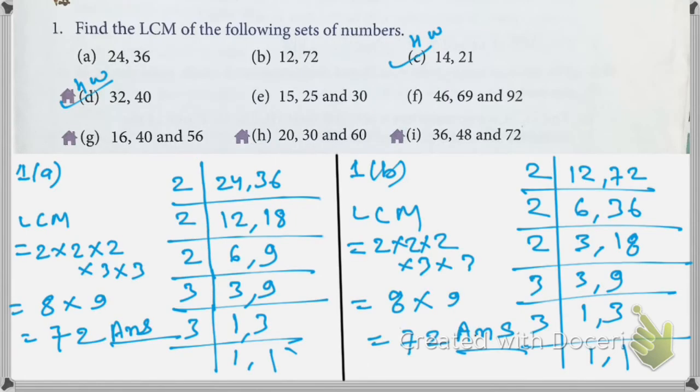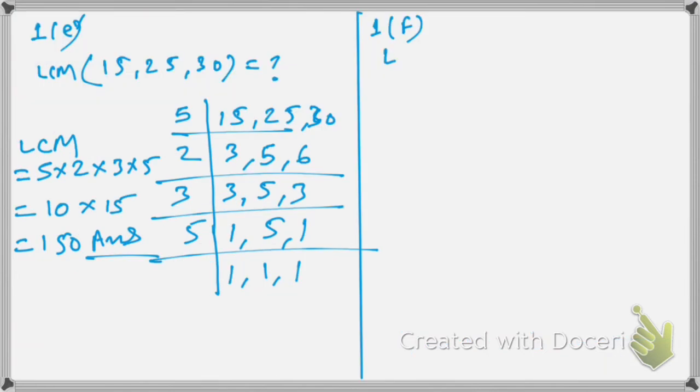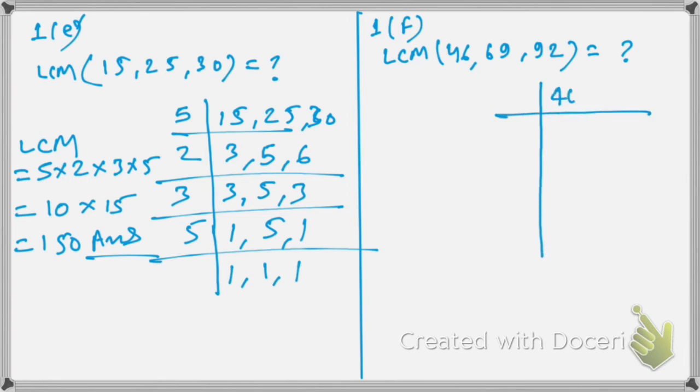Question F says we have to find the LCM of 46, 69 and 92. Okay students, so let's first divide them by 2: 23.